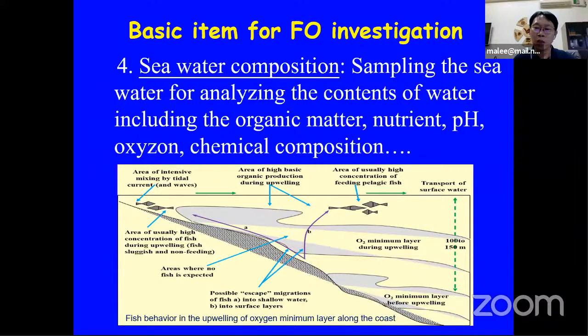When the minimum oxygen layer happens, the fish school maybe disappears and the marine life maybe moves away from the waters they like to stay. So the seawater composition is also important for the fishery oceanographic investigation.